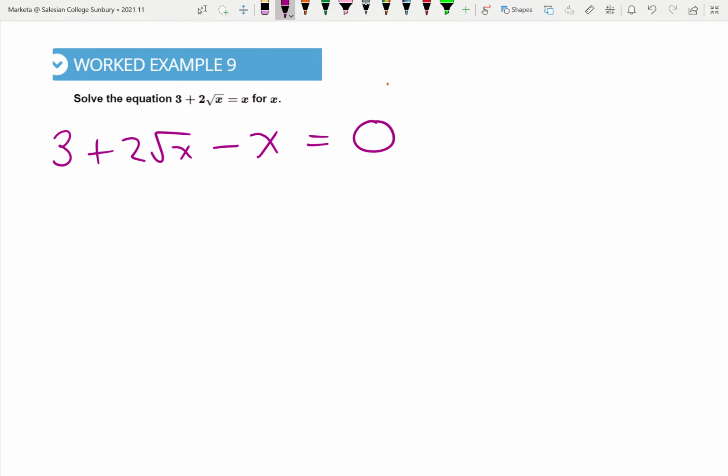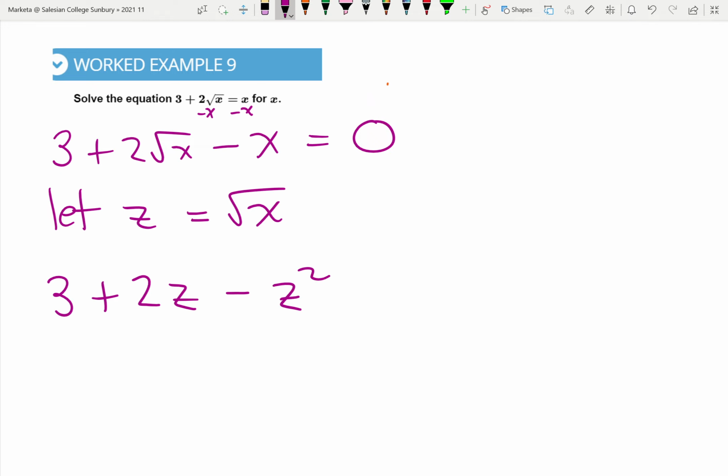So I've just taken x over onto the left-hand side. And then I'm going to say let z equal root x. That means 3 plus 2z minus z squared equals 0. So here I've now got a quadratic: negative z squared plus 2z plus 3 equals 0.